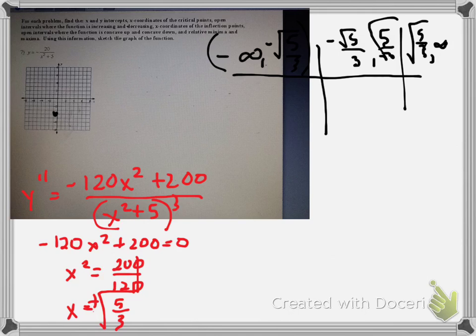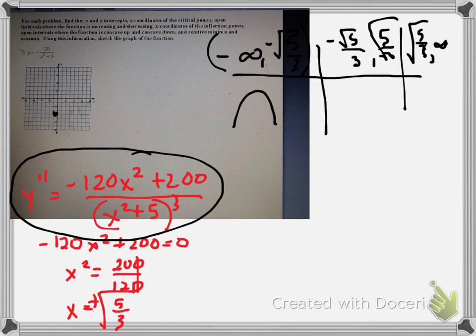Sloppy. Okay, so I'm going to pick a really big negative number to plug in here. Really all I need to see is if I plug in a big negative number, am I going to get a positive or negative? Well, a big negative number squared is positive times a big negative number. That's going to be negative. So this is concave down.